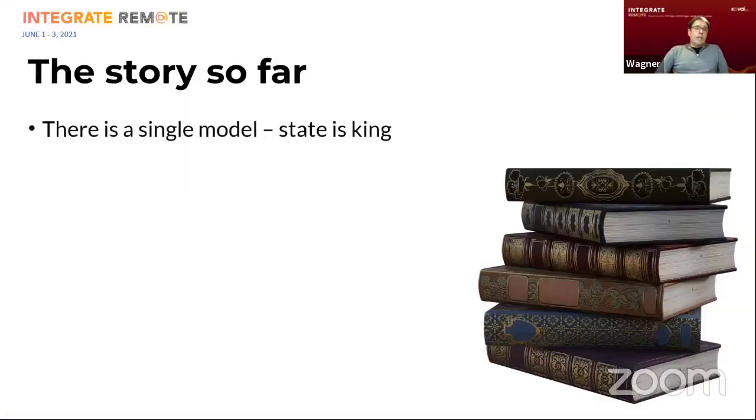The story is that until Logic Apps Standard, until really not that far away, there was only a single model, and on that model, state was king, right? You would know exactly everything that happened on your Logic App, for better or worse. That is probably one of the reasons why a lot of people got quite interested in Logic Apps, because it was really easy to troubleshoot.